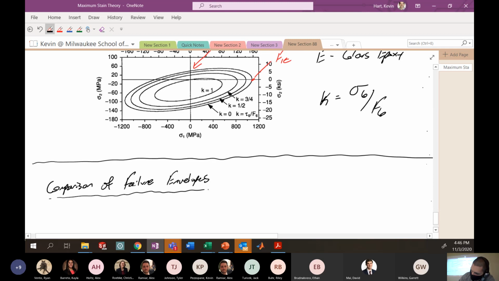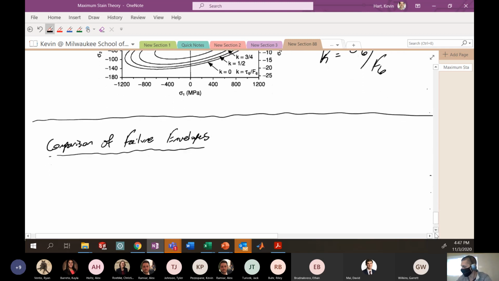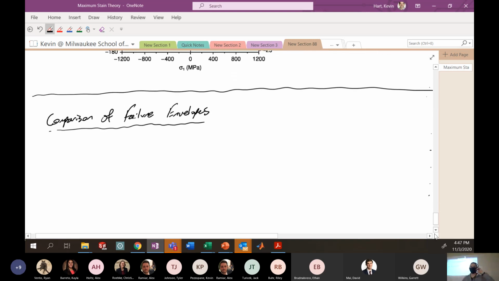You can think about the conservation of each of the theories by, let's say, looking at their relative failure envelopes given some certain composite that you're working with. Right? So here's an example with carbon epoxy that I took from your book.